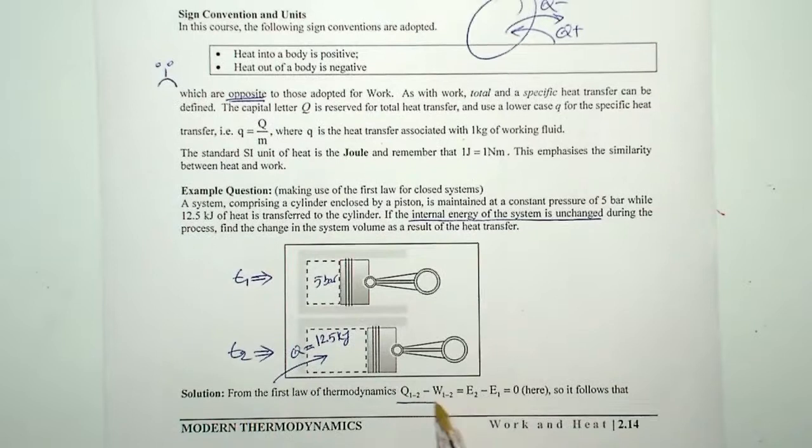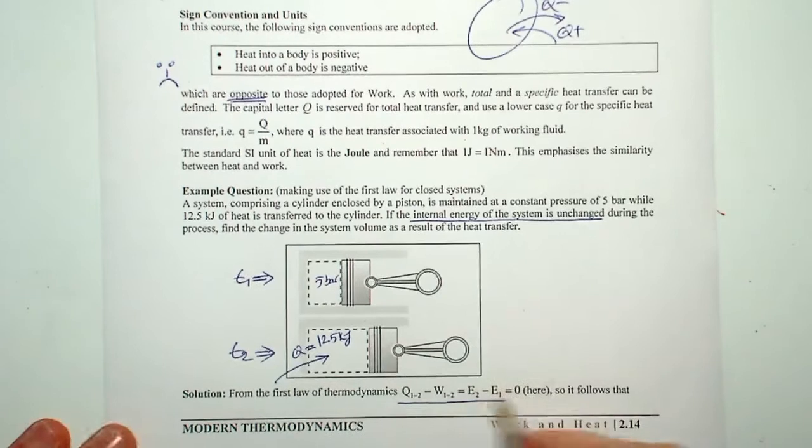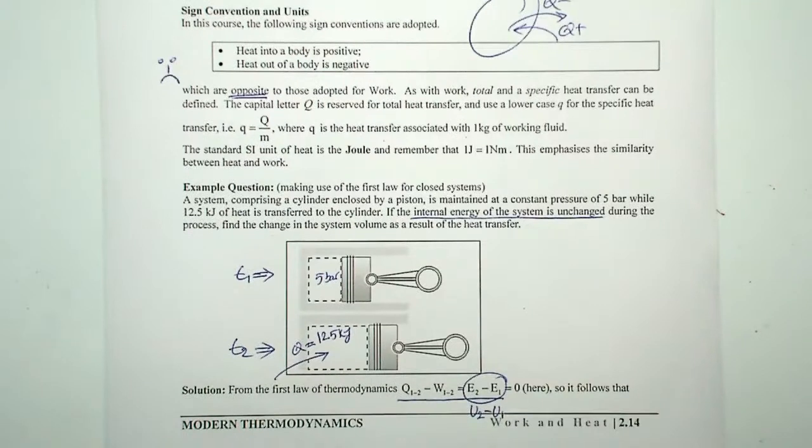I'm going to start with the first law equation, where you had the internal energy. If you are confused about the right-hand side, which is E in this case as opposed to U, as far as this topic and this chapter is concerned, it doesn't really make a difference.